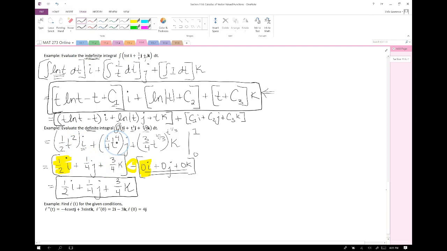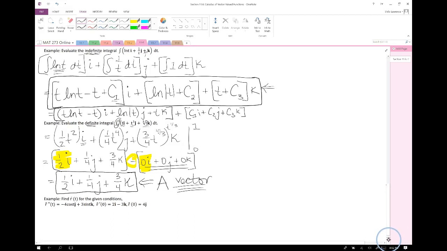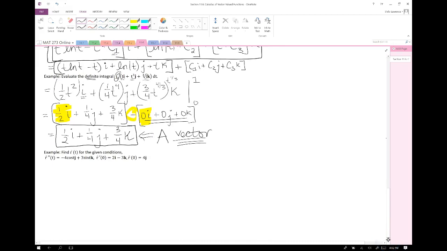We're still replacing the t's with numbers and then combining the results, but it's still always going to be in vector format. The only thing that gets rid of a vector is when we calculate dot product. The answer to a dot product will be a scalar, and when we calculate magnitude, the answer to magnitude is also a scalar. All the rest of these calculations should still be vectors.